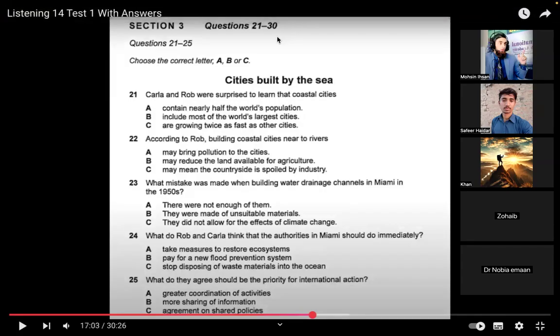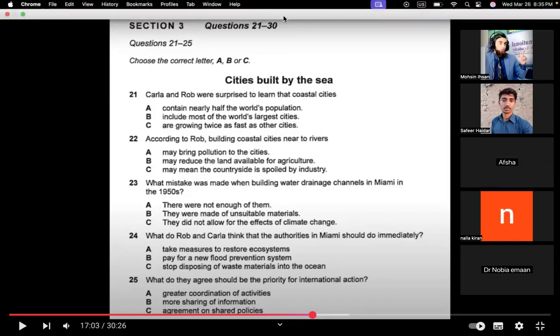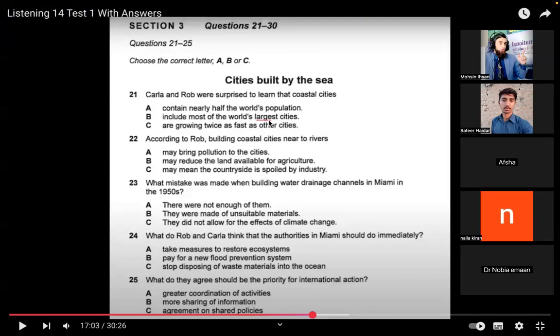Yes, who would like to tell me what is the right option in 21? Sir, may I? Yes. B. Why B? Because she was talking about the largest cities. But she didn't use the word largest, she used biggest. Yes, biggest. And for surprise, being familiar with each single MCQ is an indication towards the IELTS real exam.